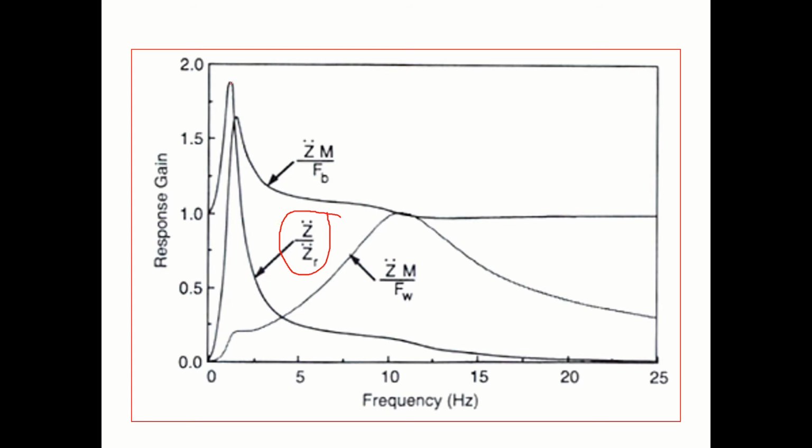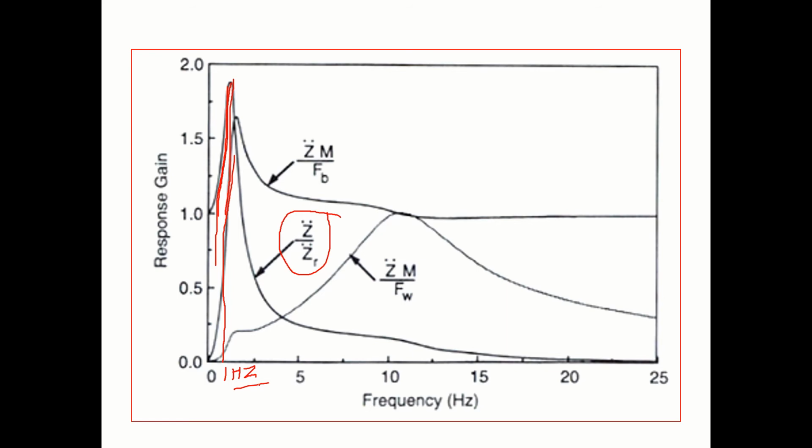This response is showing a peak value. Sorry, I have to draw a vertical line. Peak value somewhere at this frequency. Okay, that's the peak value. That comes to a value of 1 Hertz.